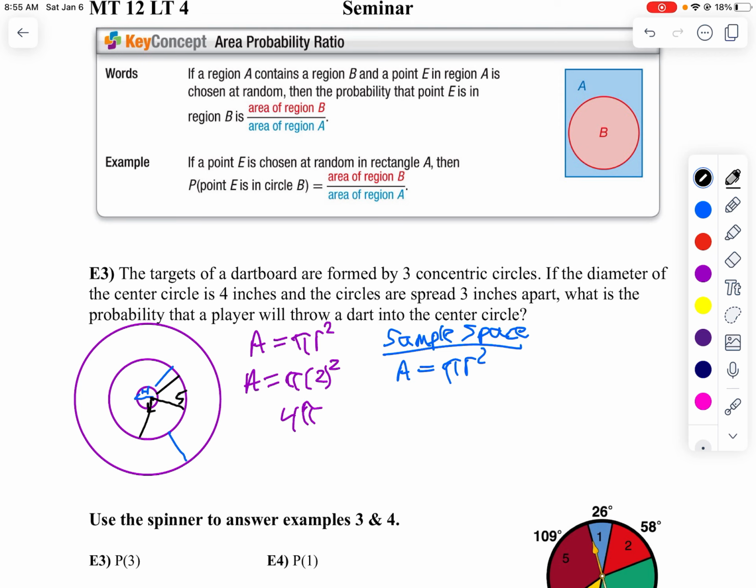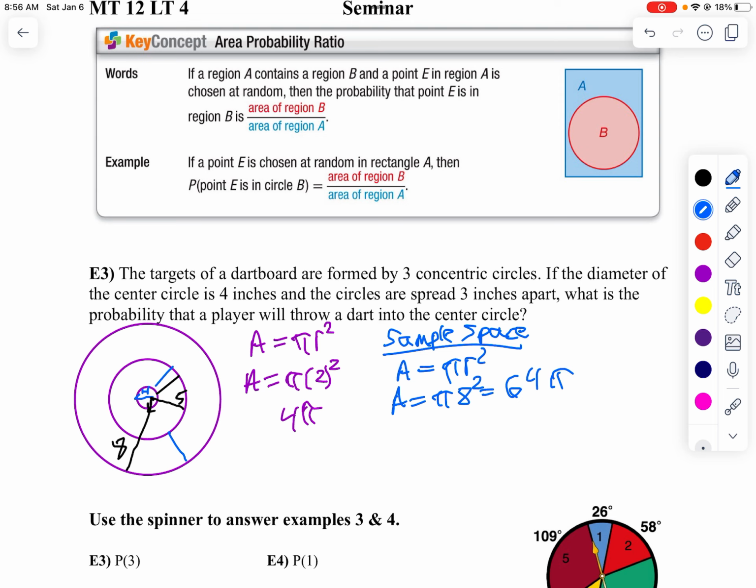And then 5 plus 3 is 8. I had 8 the first time. I just wrote it down wrong. Okay, so the radius of my sample space is 8. So we're going to say pi times 8 squared, which is going to be 64 pi.